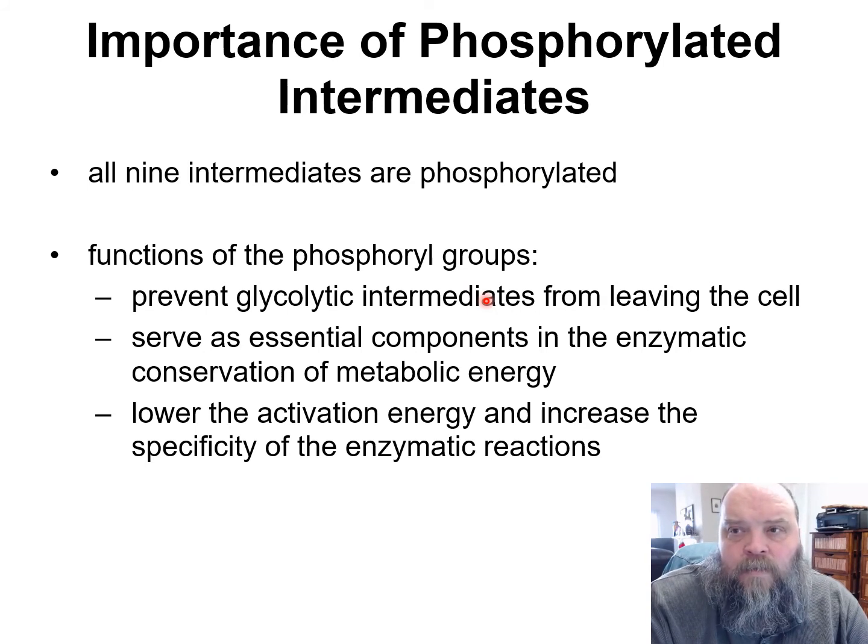And if you think back to your membrane chapters from last semester or from any other course where they discuss membranes, anything that's highly polar is highly soluble. Anything that's highly soluble or polar cannot pass through a membrane. So this keeps everything in the cell. So it can't leave the cell.